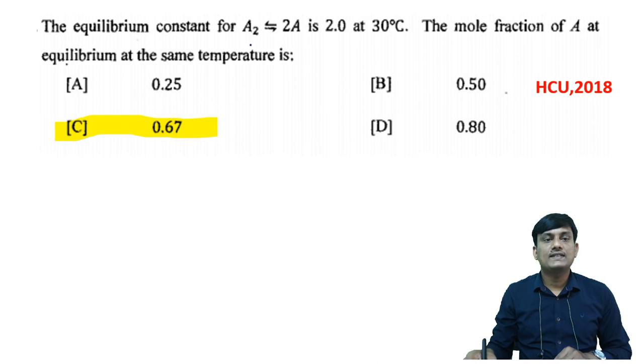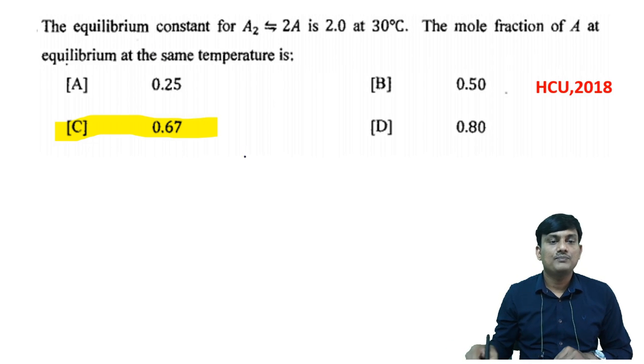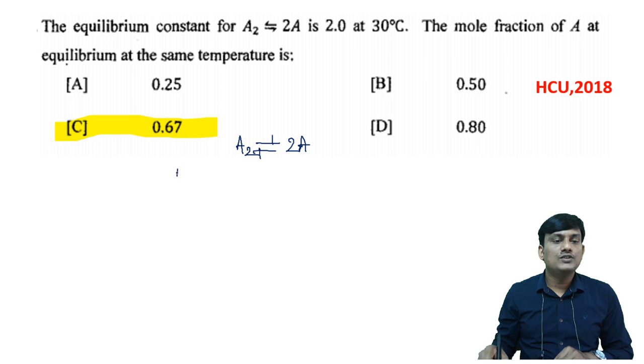The equilibrium constant for A2 dissociating into 2A is 2.0 at 30 degrees centigrade. The mole fraction of A at equilibrium at the same temperature is. Equilibrium between A2 and 2A: take the initial number of moles of A2 as 1 and A as 0. I means initial, C means change.